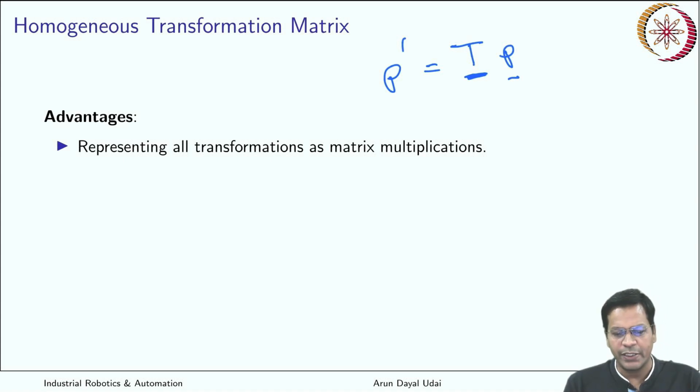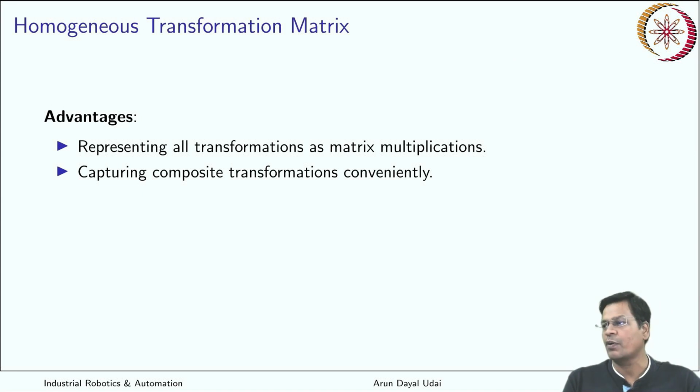So what can it do? It can represent all the transformation as a matrix operator, because this can do rotation as well as translation. So it can capture composite transformation conveniently. That is a mix of different rotations, maybe with translation in between.